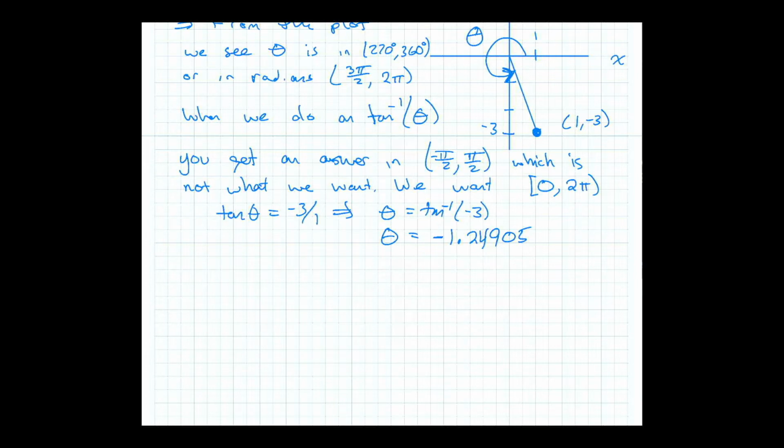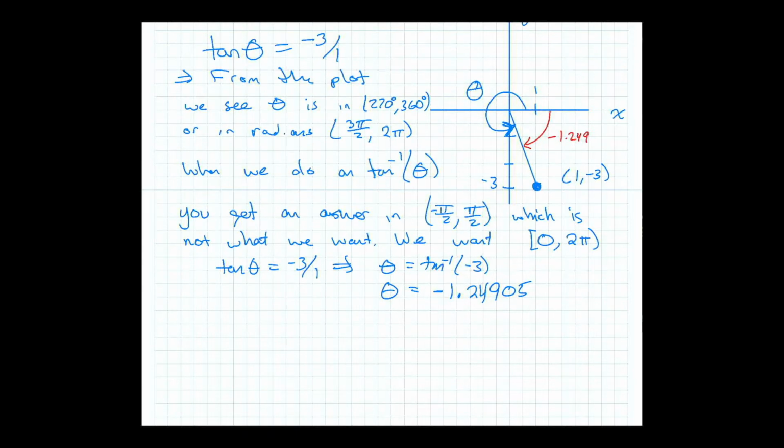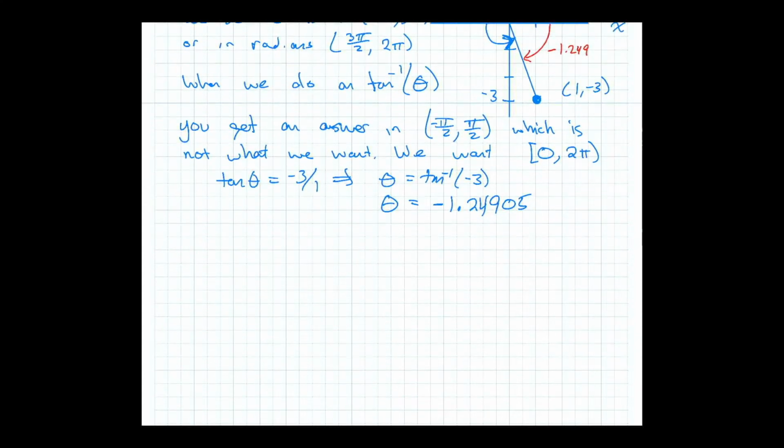That is measuring this way. That is -1.249. So you have to remember how angles work and say, okay, if we want this angle, but we want it listed in between 0 and 2 pi, you're going to have to measure around this way. So it's going to be 2 pi minus that angle is the one that we want.